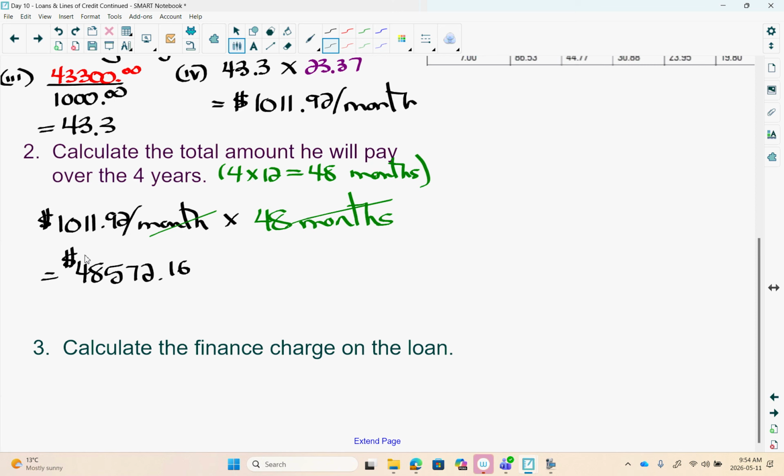Now, it says calculate the finance charge on the loan. So that's where I take the amount he pays back, $48,572.16, but I've got to subtract the amount he borrowed. How much did he borrow? What number represents the amount he borrowed?